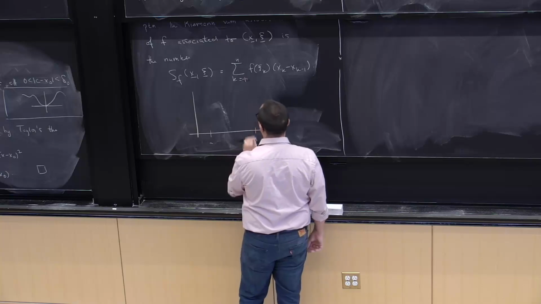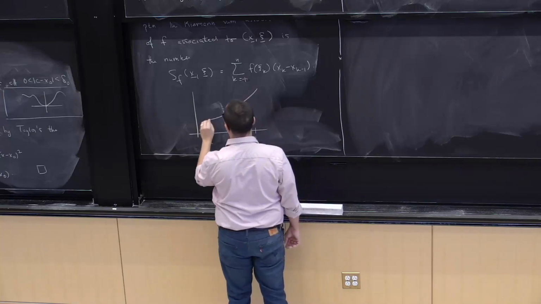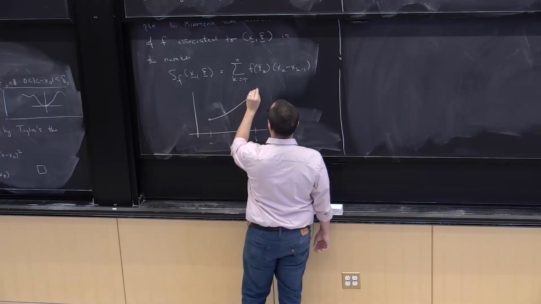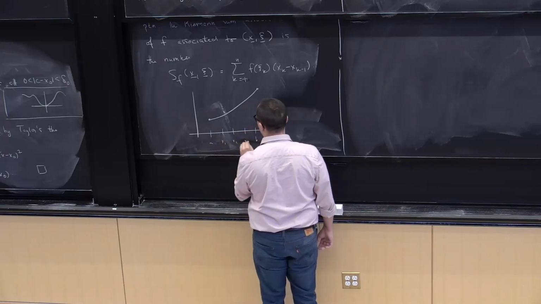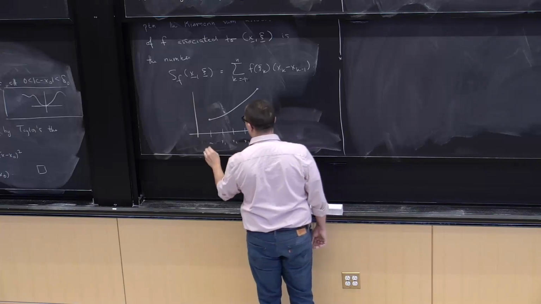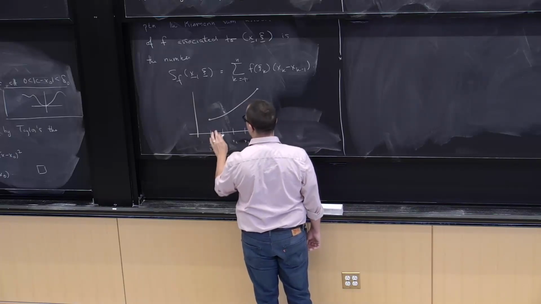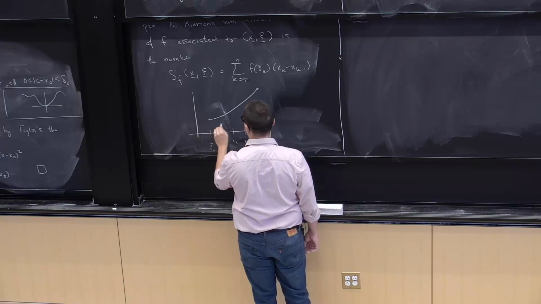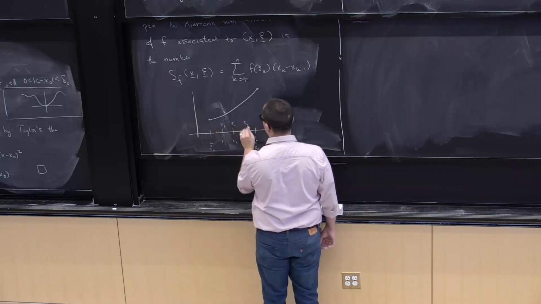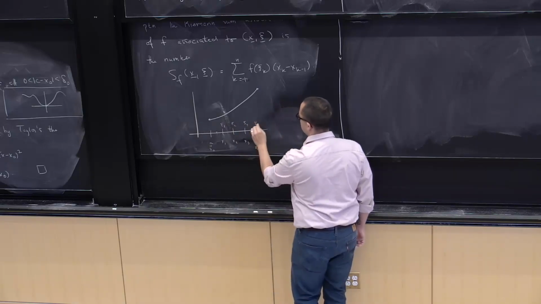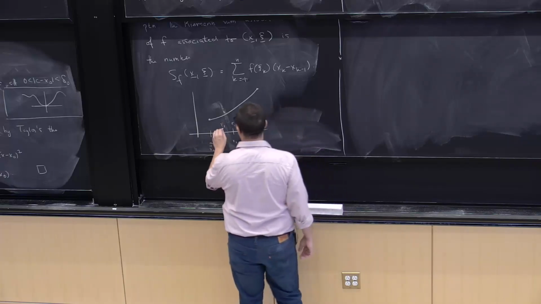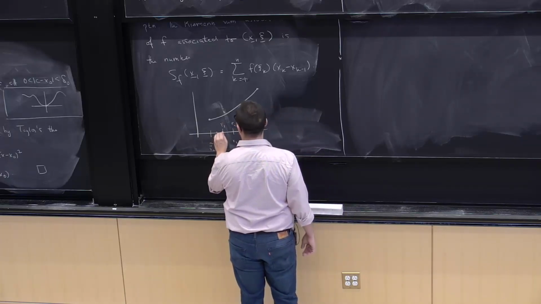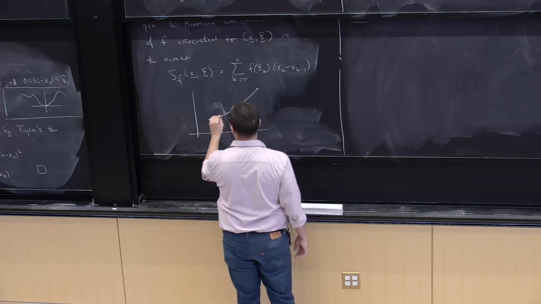If this is a, b and there's a function f, and let's say those are the partition points, x0, x1, x2, x3, x4, and let's say the tags are just the right endpoints of each of these smaller intervals, then what is this number, at least in terms of this picture?